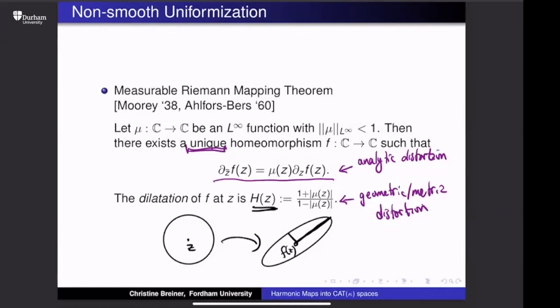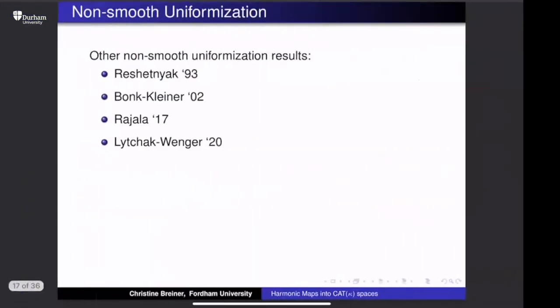Okay. So we're not the first people to do uniformization in this non-smooth setting for metric spaces. There are some other results here. Reshetnyak proved, I believe, the first one. He did approximations by planes, linear approximations, to get uniformization on simply connected domains.